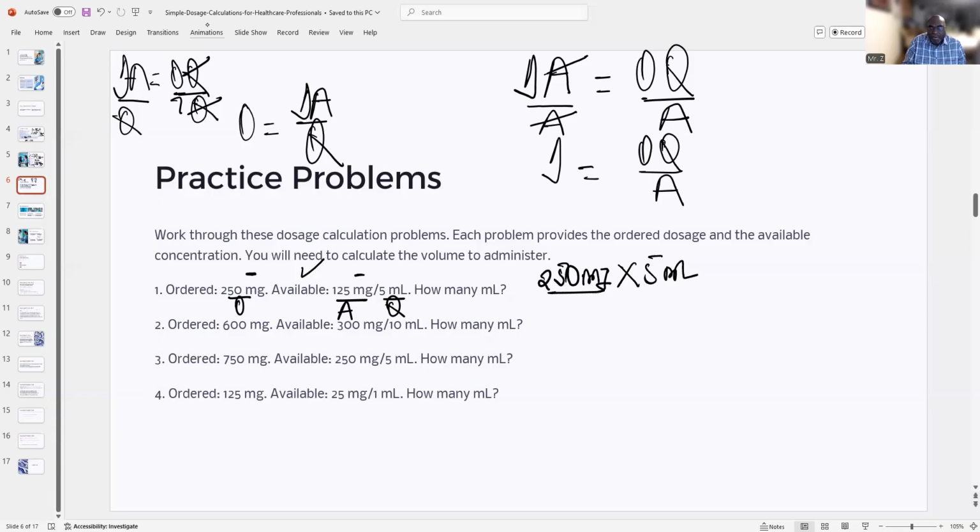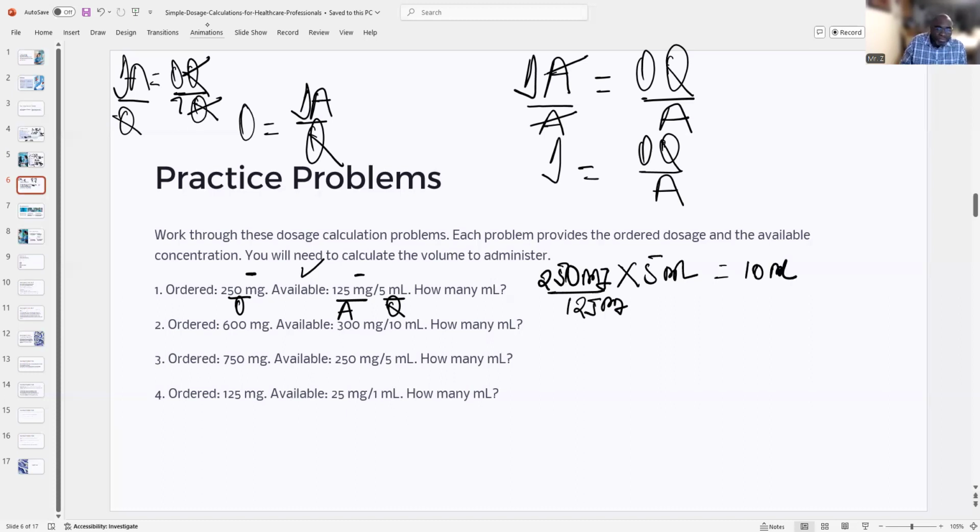By 125 milligram. Milligram and milligram, you will cancel out. Okay? Get your calculator. You have on number 1, you will have 10 milliliter.